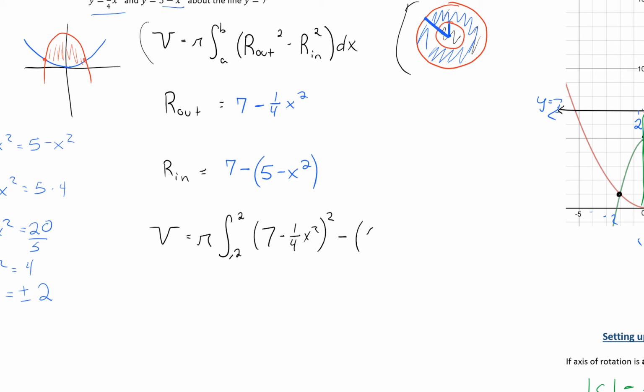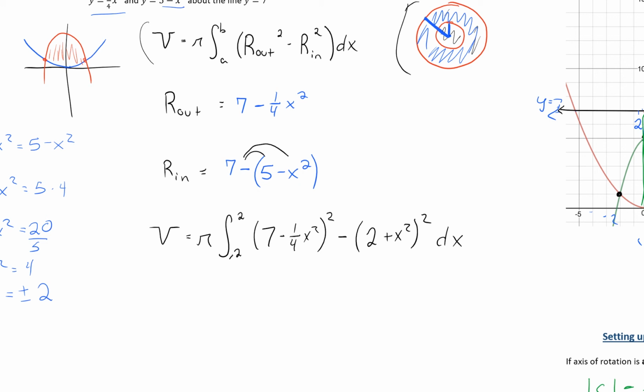Inner radius squared, 2 plus x squared. That's because our inner radius is minus 5 and then minus a negative x squared. dx for our integration. Okay, so then you take that integral, and the answer to that will be your volume. How much volume does your solid take up?